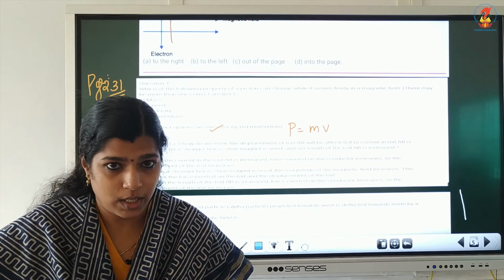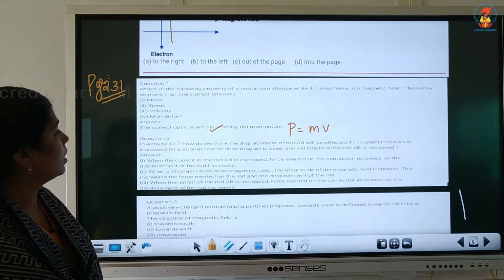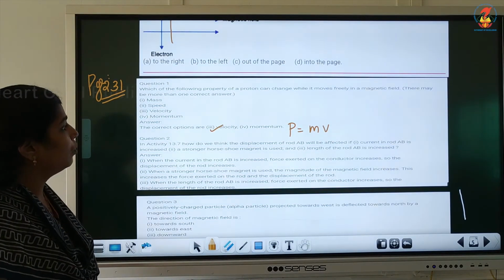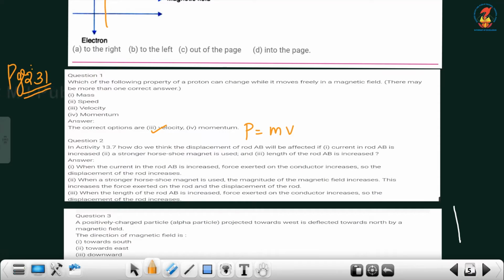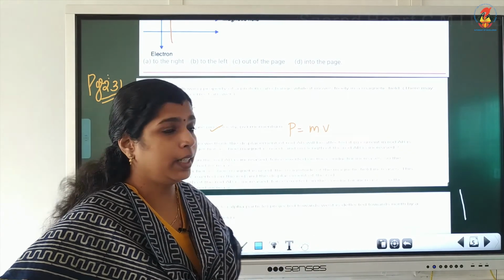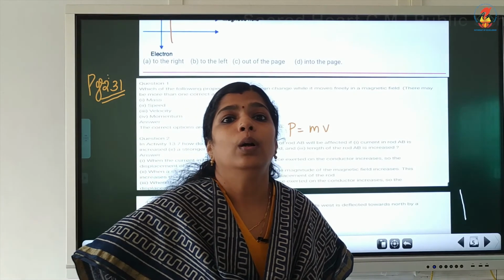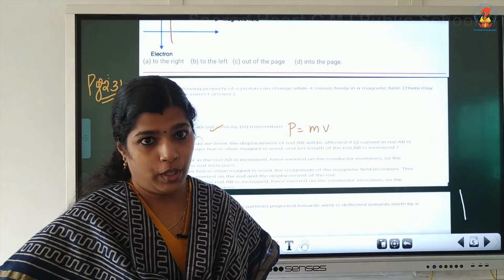The second question: in activity 13.7, how do you think the displacement of the rod AB will be affected if the current in the rod AB is increased, a stronger horseshoe magnet is used, and the length of the rod AB is increased? I told you three methods are there to increase the force experienced by a current carrying conductor when it is placed in a magnetic field.